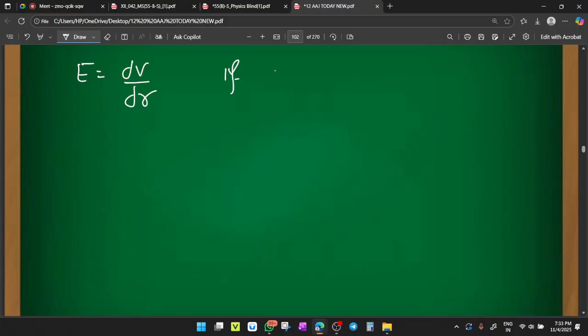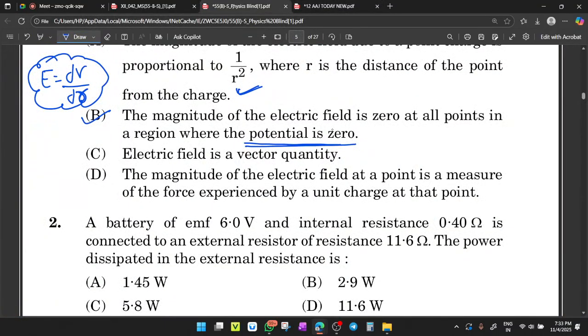So if V equals 0, then differentiation of 0 will become equal to 0. Clear, students? So the magnitude of electric field is 0 whenever potential is 0.